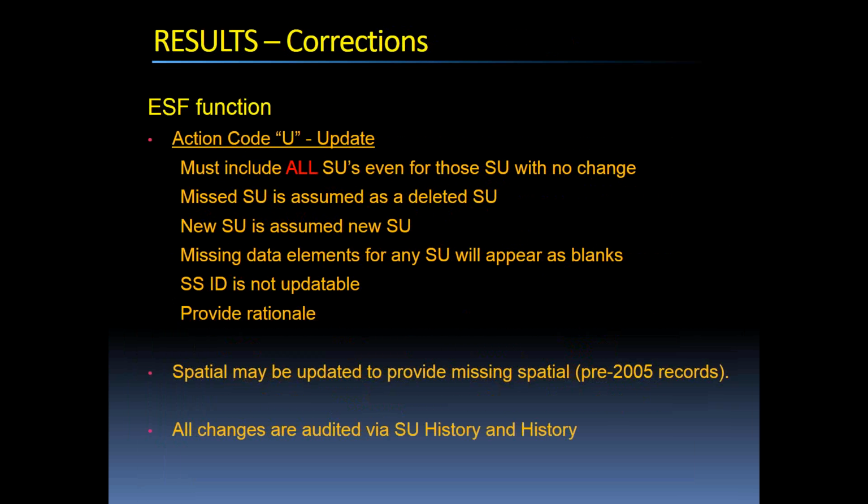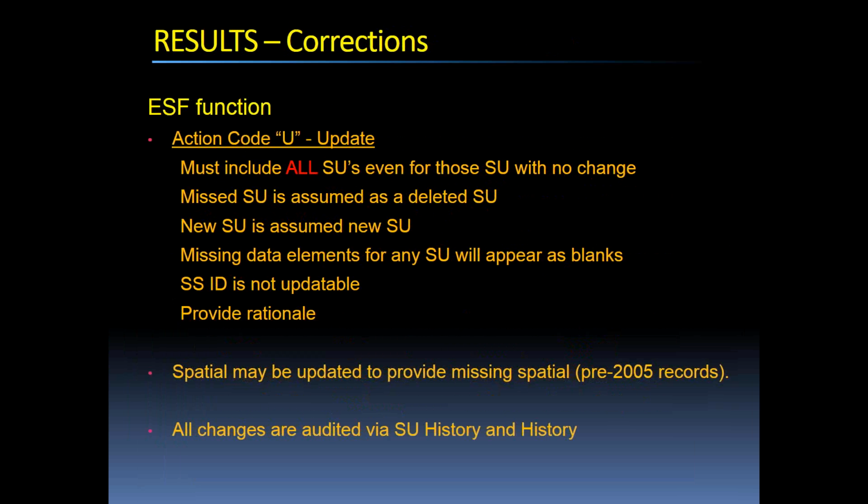If you miss any standards units, it's assumed that it's going to be deleted as the outcome of the corrections event. If you add a new SU, if you have a different SU identifier than what is in the system, it is going to assume that that is a new SU. Any data elements that vary or are missing from your document will appear as blank or will show up as a changed field.